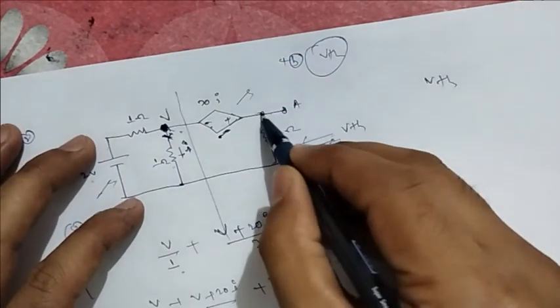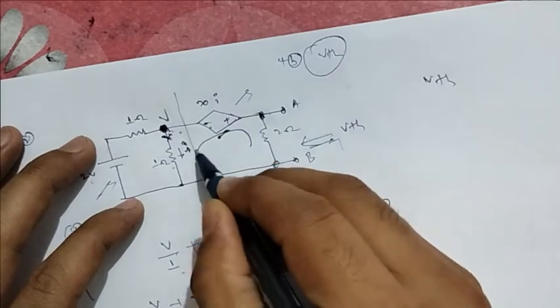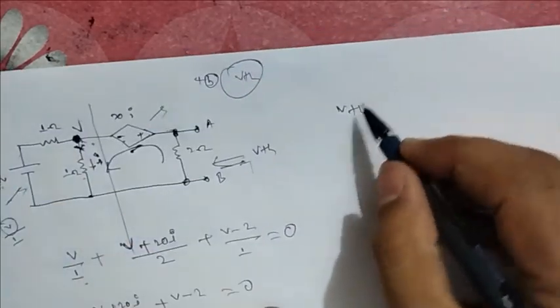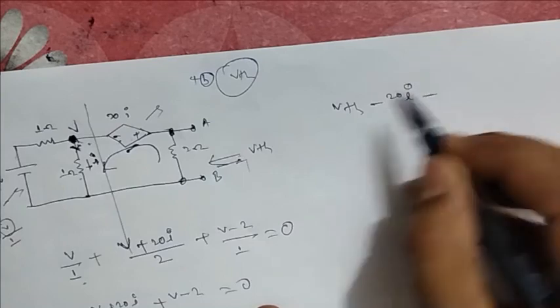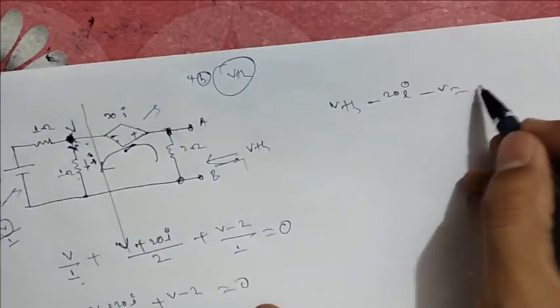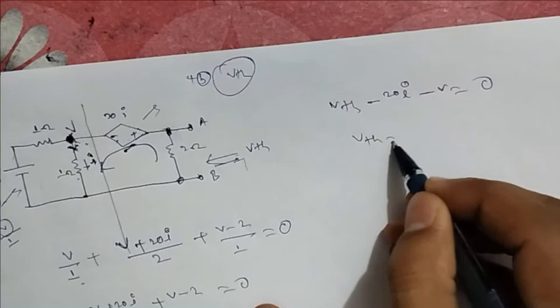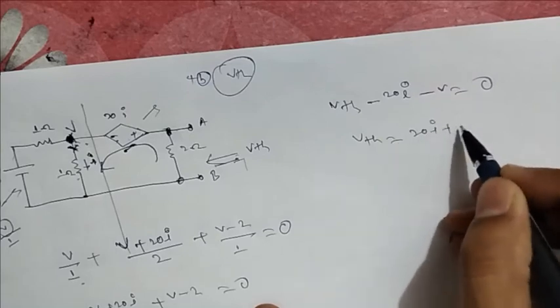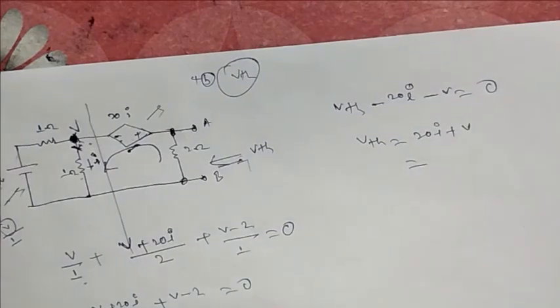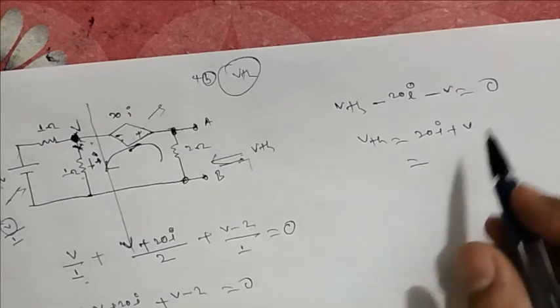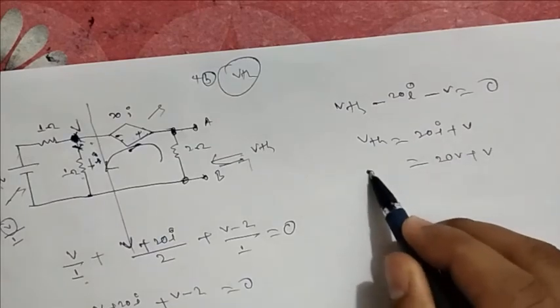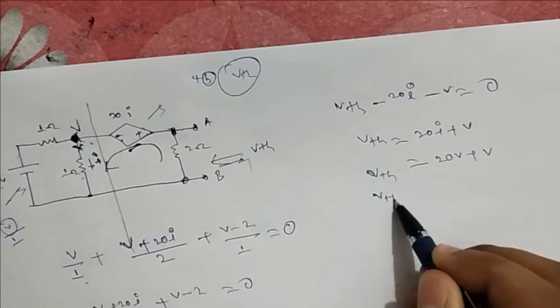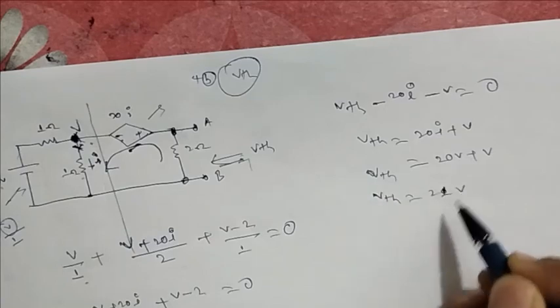Now for VThevenin, we are just going to apply KVL. VThevenin minus 20I minus this V gives me VThevenin. VThevenin is equal to 20I plus V. Now I was nothing but V, so this will become 20V plus V. VThevenin is equal to 21V.